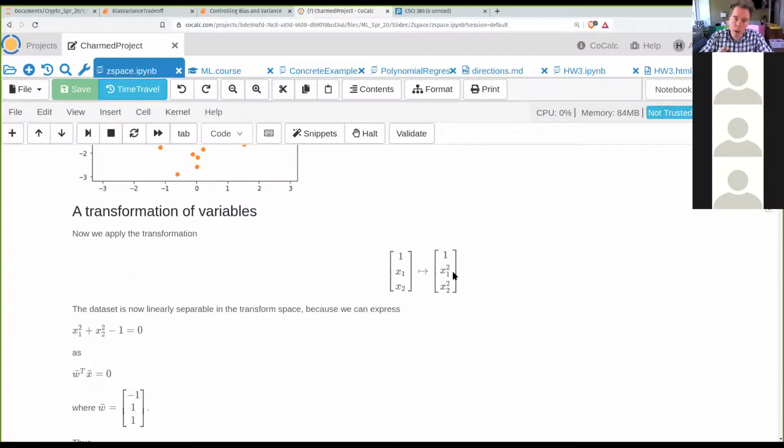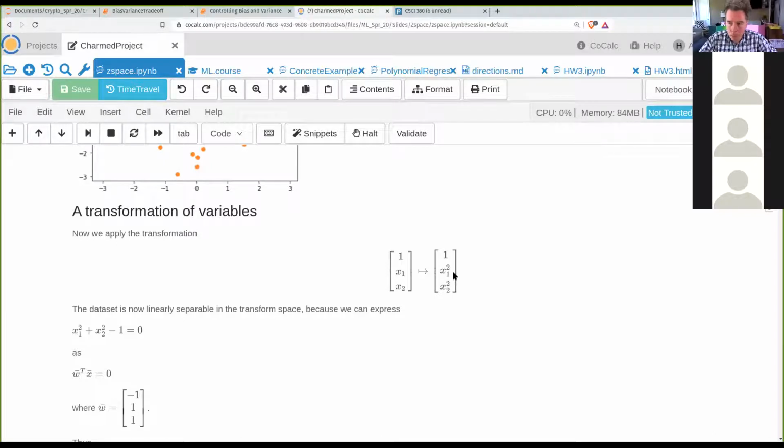So you could add a new column for that. So you have a lot of freedom. You have freedom to design the transformation, but you pay a price when you add columns, and that price is that your model starts to overfit the training data. So it's a trade-off.